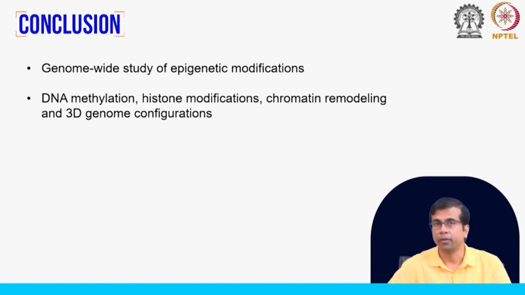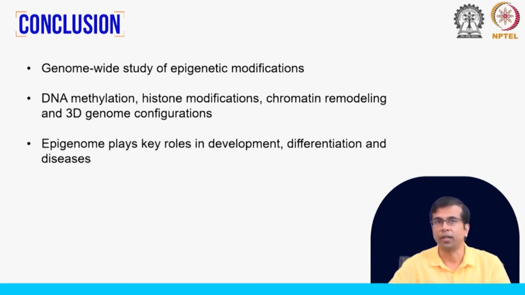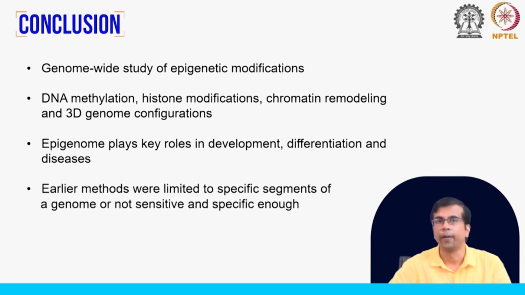We will talk about all these different types of modifications later on, and how we identify them through application of next generation sequencing technologies. We have also seen that the epigenome plays key roles in development, differentiation and diseases. For example, a disease like cancer has been well studied.